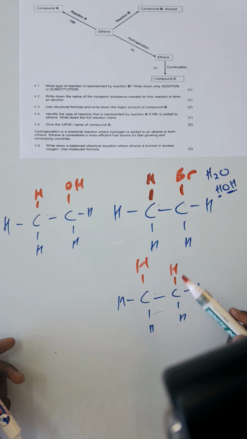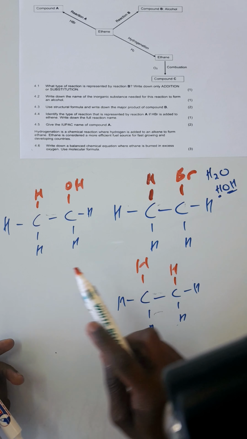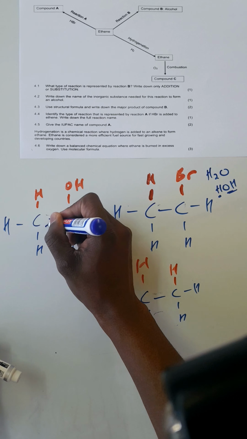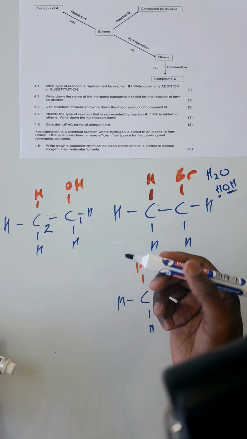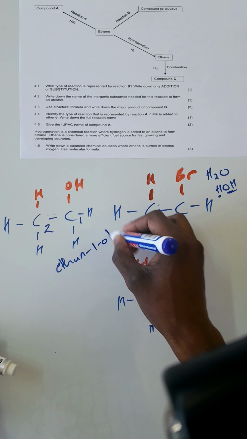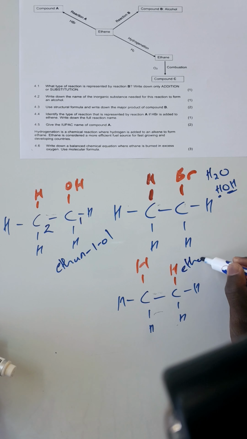So compound A is 1-bromoethane. Compound B is ethan-1-ol. So definitely this has to be carbon number 1, this will be carbon number 2, there's only 2. And then this will be ethane. Oh, it's already there, it's ethane. This will be 1-bromoethane.